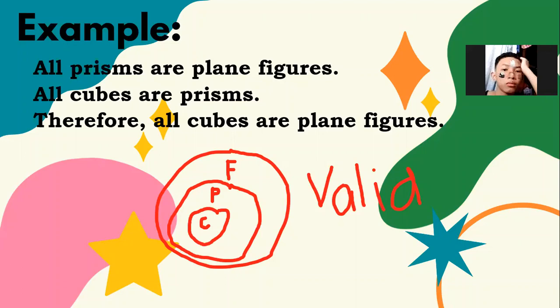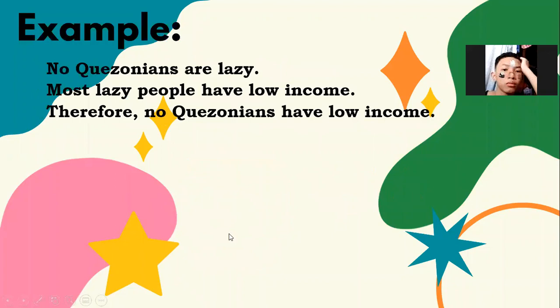Tingnan ko lang kung meron pa akong another example ha. Yan, meron pa daw. Ayan, ito yon yung kanina. So, yung second example natin, nung introduction natin, sabi, no Quezonians are lazy. So how are you going to demonstrate that using categorical syllogism?